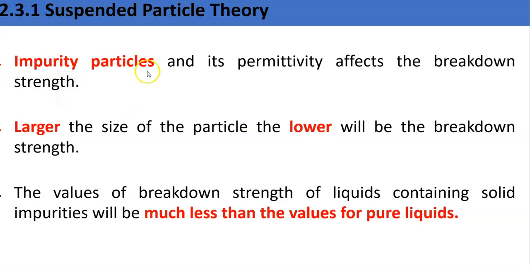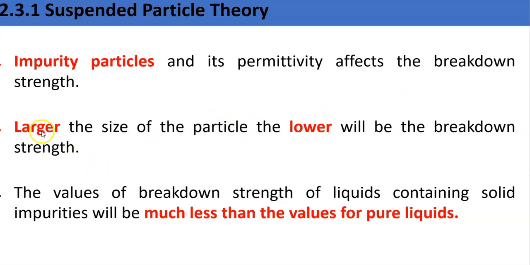Impurity particles and their permittivity: how many particles are there, and what is the permittivity of that particle? Depending upon that, permittivity affects the breakdown strength. In the suspended particle theory, breakdown strength is considered with the permittivity, number and radius of the impurity particles. The larger the size of the particle, the lower the breakdown strength.